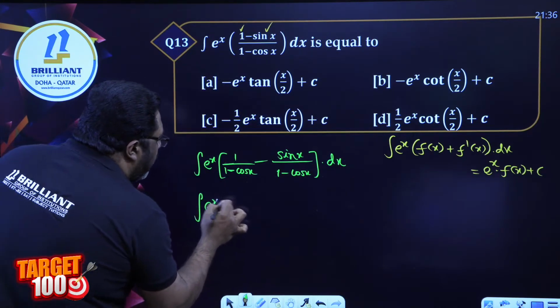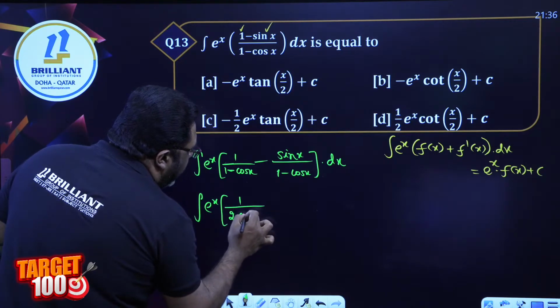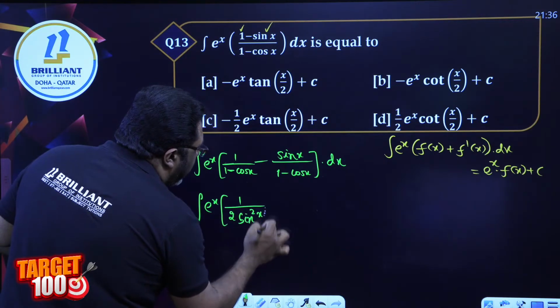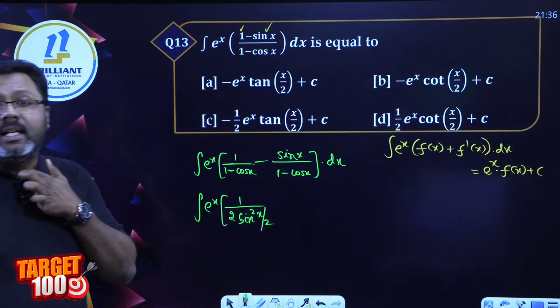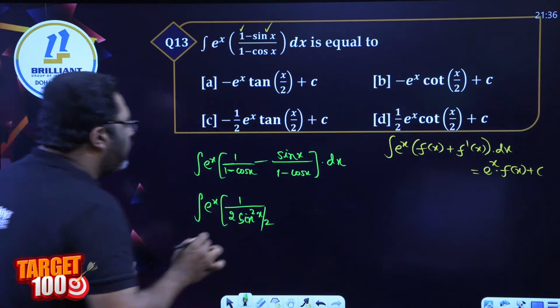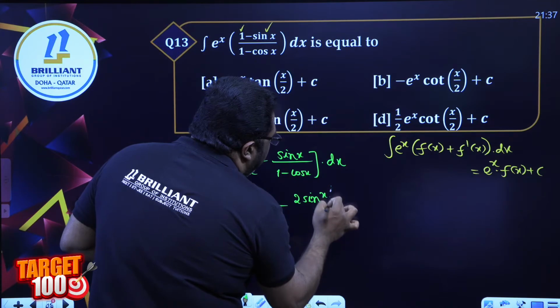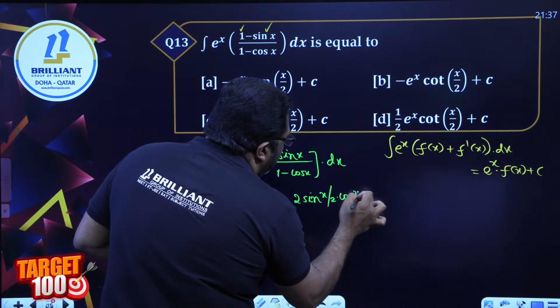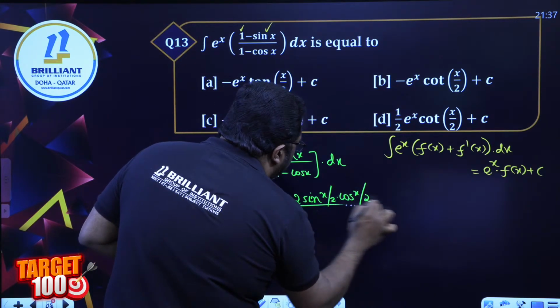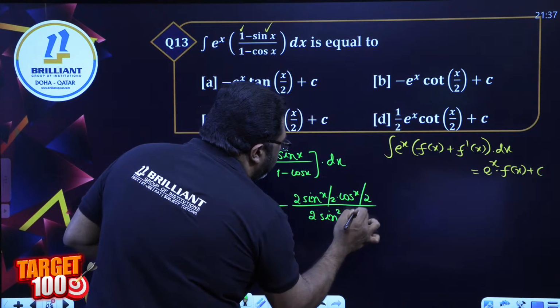And 1 minus cos x is 2 sin squared x by 2. It's a trigonometric result. What is 1 minus cos x? 2 sin squared x by 2. Sin x is 2 sin x by 2 cos x by 2, divided by 2 sin squared x by 2.